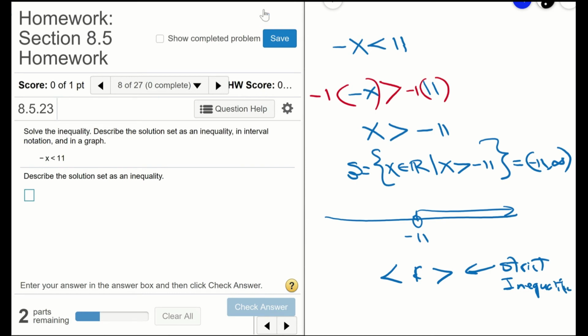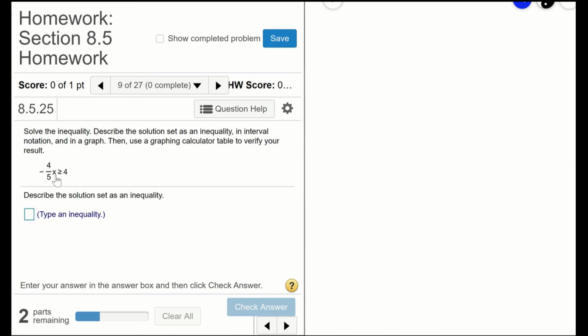All right, that's that. What if we're dealing with a fractional situation like this? If this were an equation, you know that my preference is for you to handle it like a proportion, right? When it comes to inequalities, it's better just to multiply both sides by the reciprocal of that number. So we start with negative 4/5 x is greater than or equal to 4.